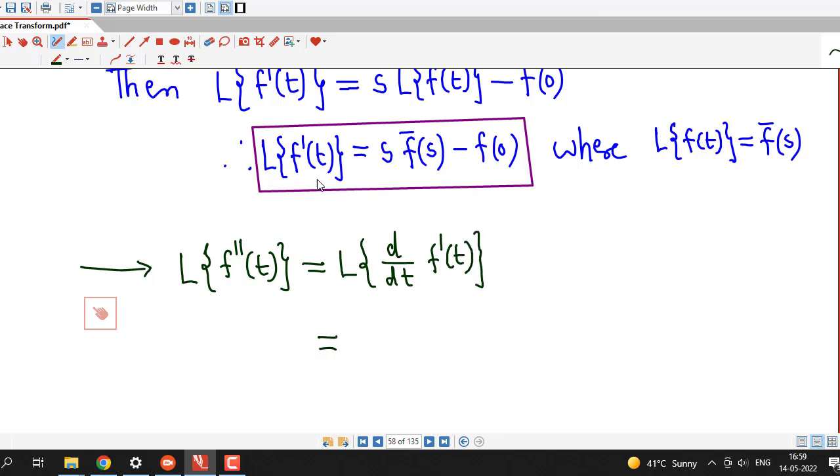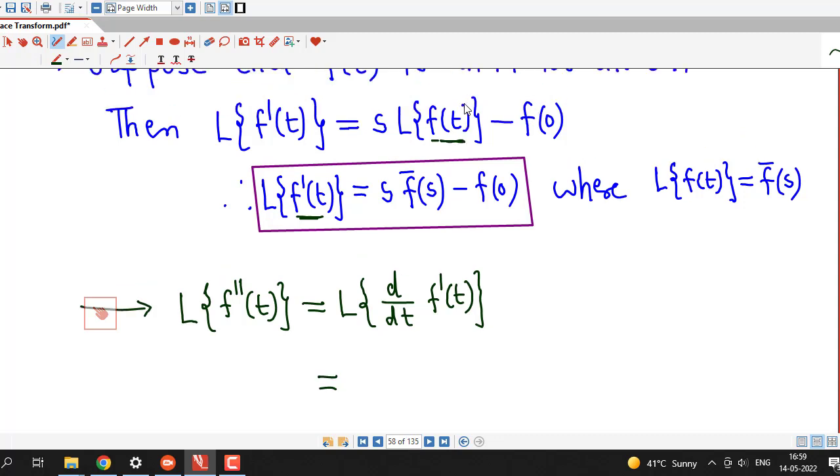Here, if we have f dash t, the derivative of f, then Laplace transform is equal to s times Laplace transform of f of t minus f of 0.